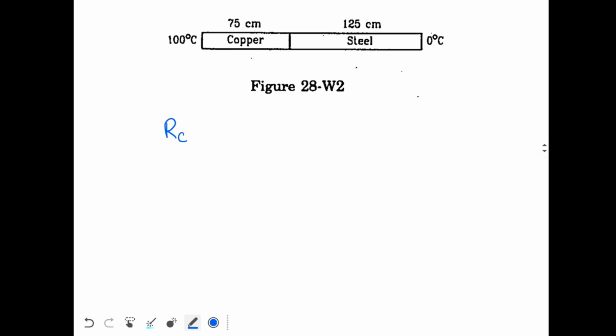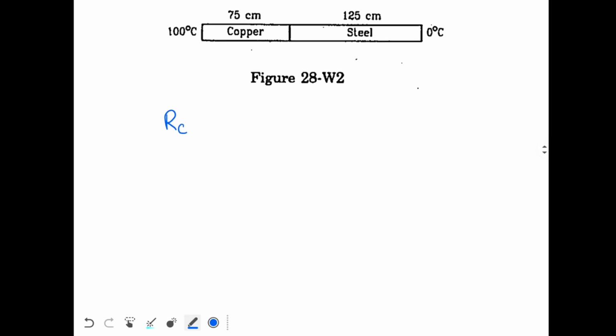The resistance of copper will be length of the copper LC divided by conductivity of copper into area of cross section. Let's keep the values, let's find them later on. Resistance of steel will be length of steel divided by conductivity of steel into area of cross section. Area of cross section will be pi r square.